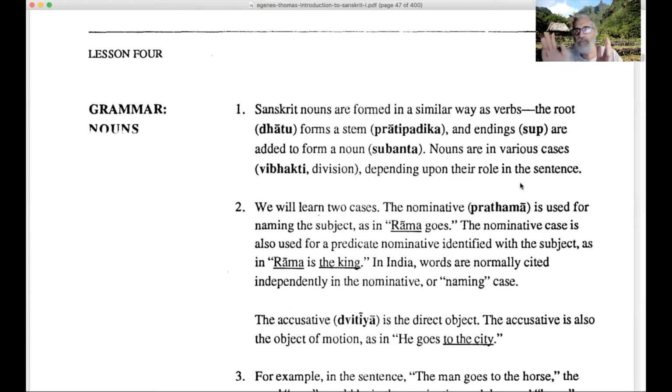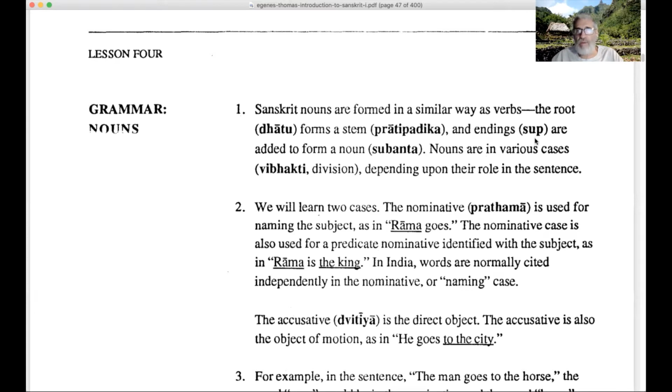He goes. So what's more important for us to know is not the dhatu, the root form of verbs and nouns, but the actual pratipadika, the actual stem form, which we add the endings to. The endings are called sup by Panini.